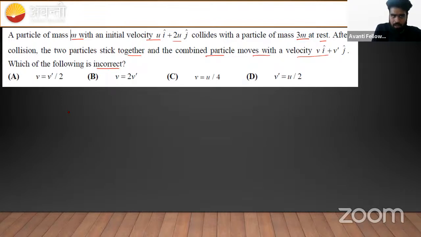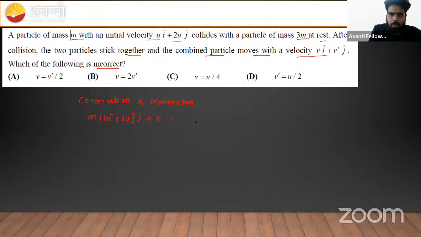Just apply the conservation of momentum. With the help of conservation of linear momentum, the initial momentum of the system must be equal to the final momentum of the system. Here the particle m has the velocity u i cap plus 2u j cap, and the second particle is at rest, so its initial momentum is 0.